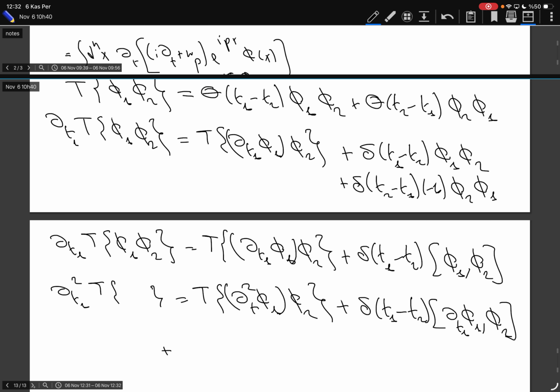And then I will get some more terms from the second term, this one. But remember, that term is 0. Phi 1 and phi 2 are the commutator of the same field at equal times, but field commutes with itself. So this is 0. There is no contribution from this one.